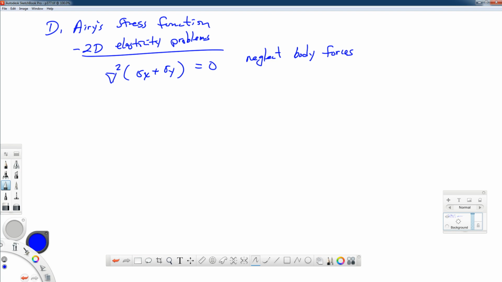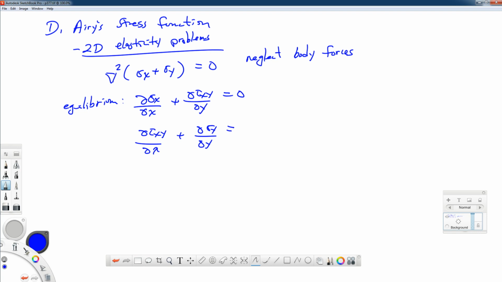Well, if that's the case, then our equilibrium equations can be reduced a little bit. So the partial of sigma x with respect to x plus the partial of tau xy with respect to y is equal to 0. And then we have the partial of tau xy with respect to x plus the partial of sigma y with respect to y is equal to 0.